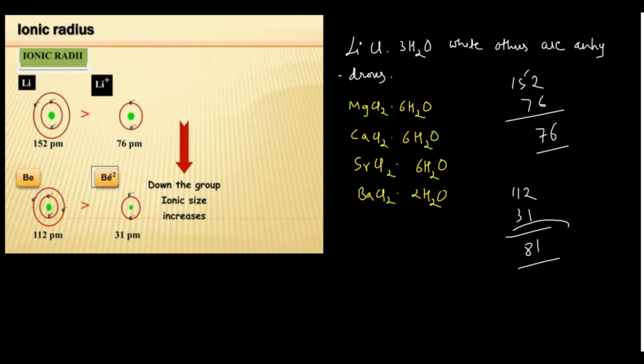This difference is quite large. That's why the beryllium ion is important. And the ionic radii also increase when you go down the group. Beryllium is smallest in size in the group. That's why it has the anomalous behavior.